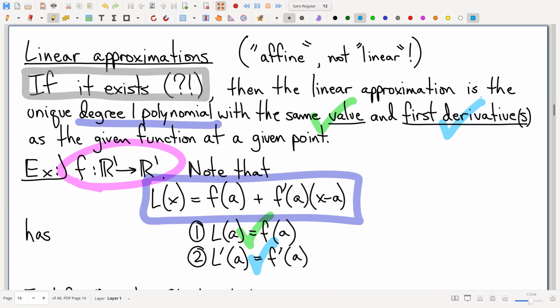It's doing the best possible job of impersonating f at the point A. Thus the term linear approximation. Does that make sense to everybody?